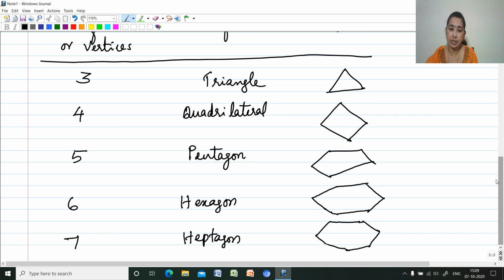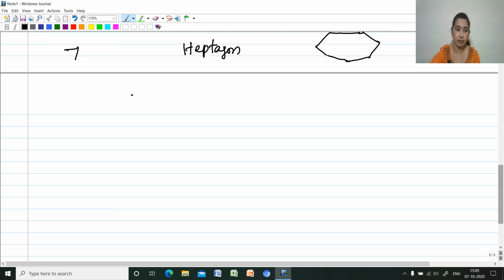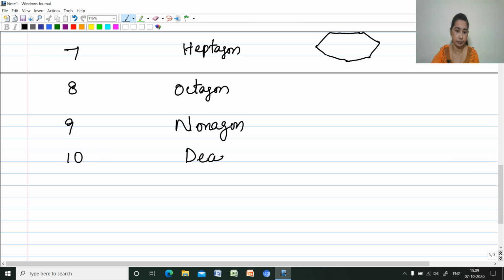Then in the same way, if it is 8-sided, you can draw it the same way. An 8-sided figure we call an octagon. Then 9-sided we call a nonagon. Then 10-sided is a decagon, etc.